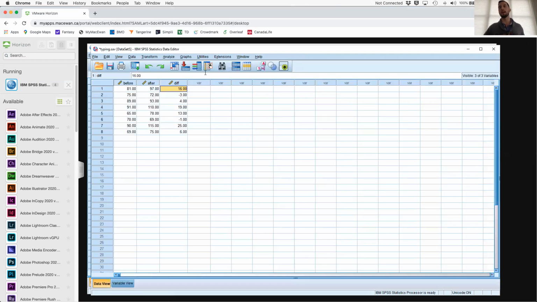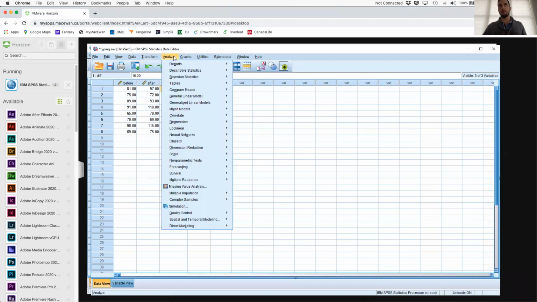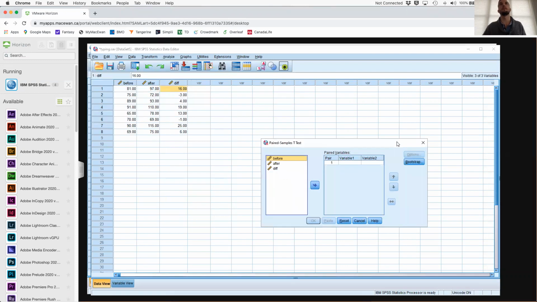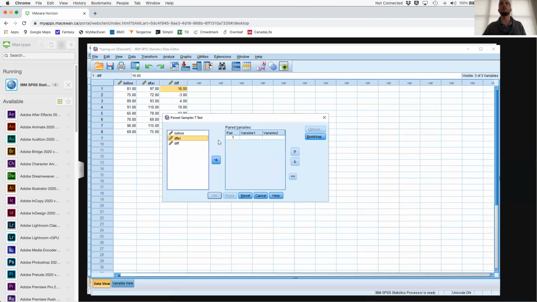So we can actually do this in 2 ways. The direct way would be analyze, compare means, paired samples t-test. That's what we're performing, so it makes sense that we would use this approach. So paired samples t-test. In variable 1, we're going to enter after, and in variable 2, we're going to enter before.